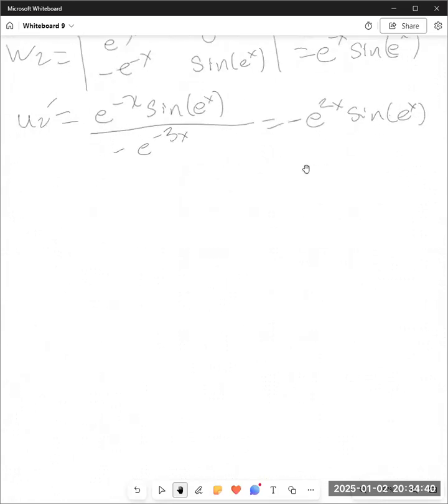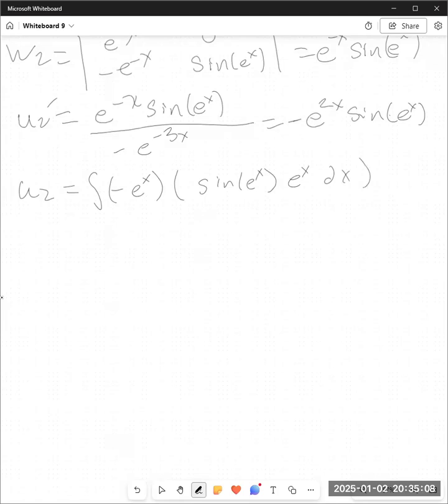So we're going to integrate by parts here. u2 equals the integral of, I'm going to split this up into a negative e to the x and a sine of e to the x, e to the x dx.